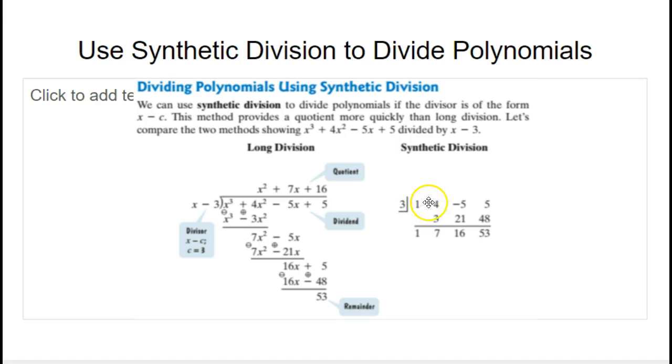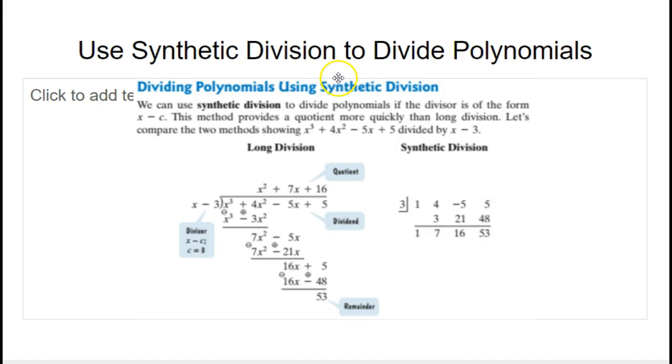The numbers that go across the top here, 1, 4, negative 5, 5, you'll notice those are the coefficients of these terms here, 1x cubed, 4x squared, negative 5x, and 5. Those values are written here without the variables. And then we would draw this line in, and you leave the 3, 21, 48 all out.